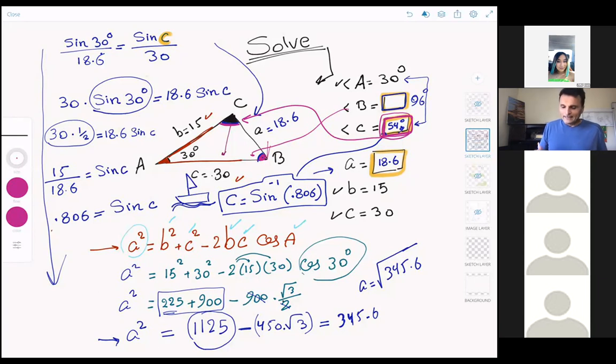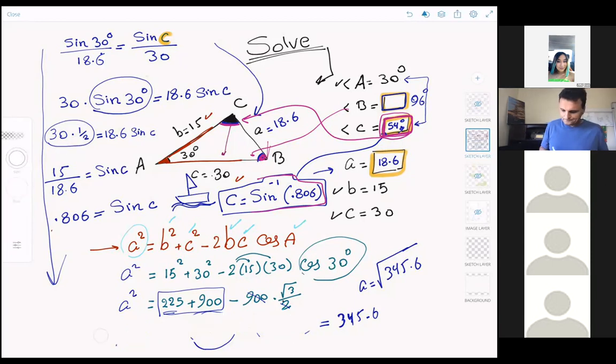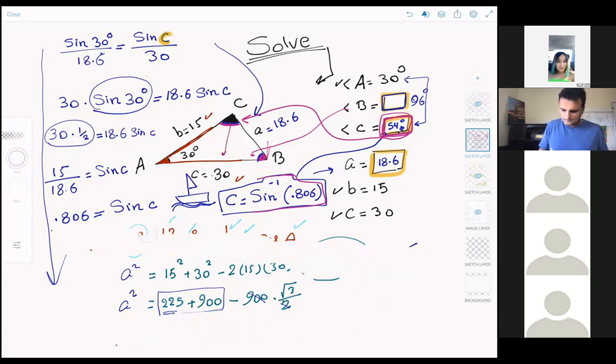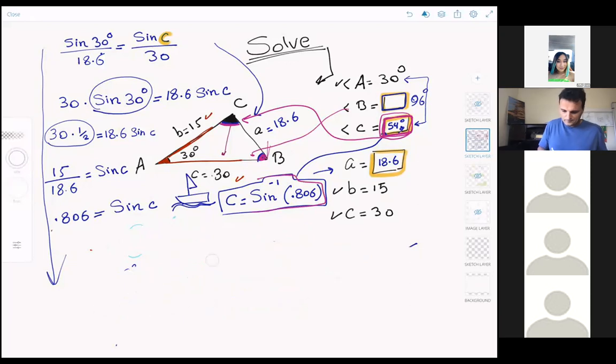So anytime we use sine inverse, do you remember we have two values for sine? We find sine inverse of 0.806. The answer we got, I saw this C and then I put this C equal to sine inverse of 0.806.